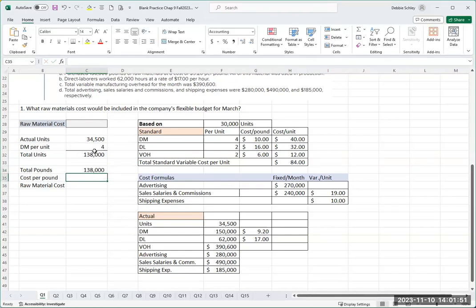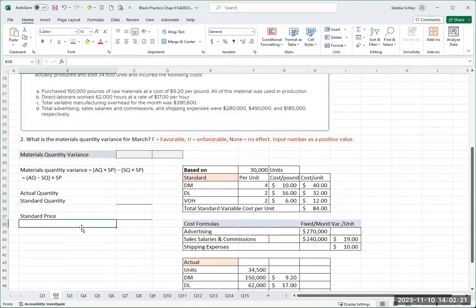So there's my total pounds and my standard cost per pound is $10. And so 138,000 pounds times $10 a pound gives me raw materials cost of 1,380,000, which is the cost that would go onto the flexible budget for March.